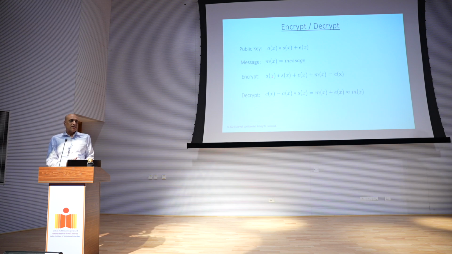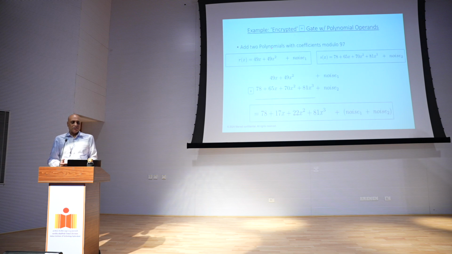Because the L2 norm, or the coefficients of that error polynomial, are small relative to this polynomial, I can use error correcting codes in order to recover the original message. I'm not going to get into the exact science of the error correcting codes here. There's a few different choices. The most popular ones that are used are from quantum error correction. But just know that there's ways for me to take that error out once I have unmasked the message.